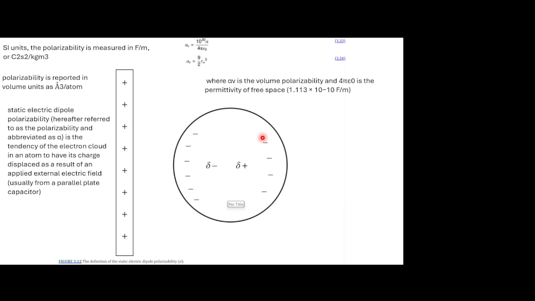So the next thing we have to talk about is polarizability. Does anybody remember polarizability from organic chemistry or maybe Gen Chem? No? Okay. So this is the definition here. Specifically, polarizability, if you're going to use the exact terminology, is actually static electric dipole polarizability.